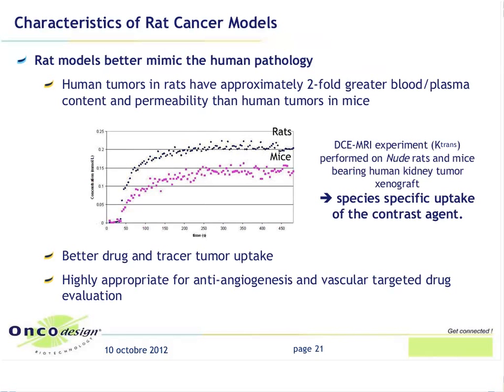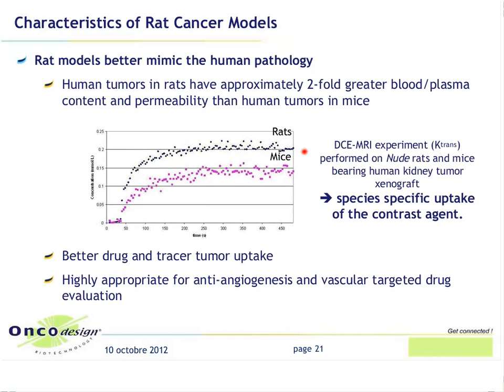The tumor in rats had a significantly greater Ktrans compared to mice. The Ktrans represents the permeability of the tumor. Consequently, with this higher Ktrans in rat tumor models, a better drug or tracer uptake could be observed.